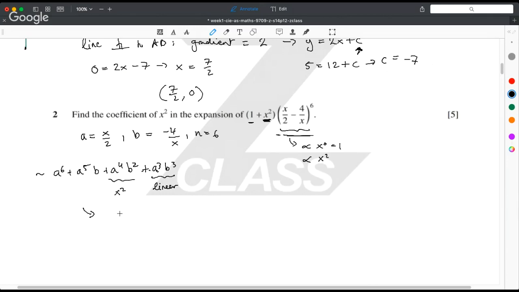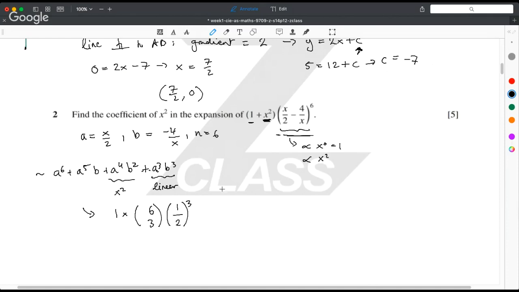So we're going to have 1 times 6 choose 3. That's this linear term. So it's the 1 coming out and multiplying 6 choose 3 times a cubed.